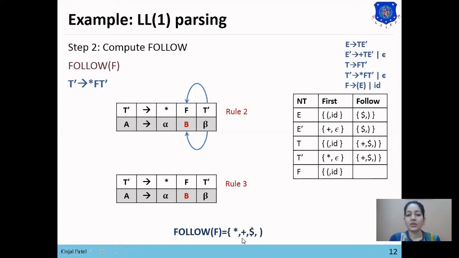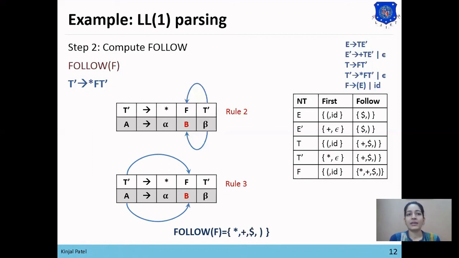So plus dollar and closing bracket will be added in follow of F. As plus dollar and closing bracket has been already added in follow of F, no more symbol will be added in follow of F. So follow of F is star plus dollar and closing bracket.